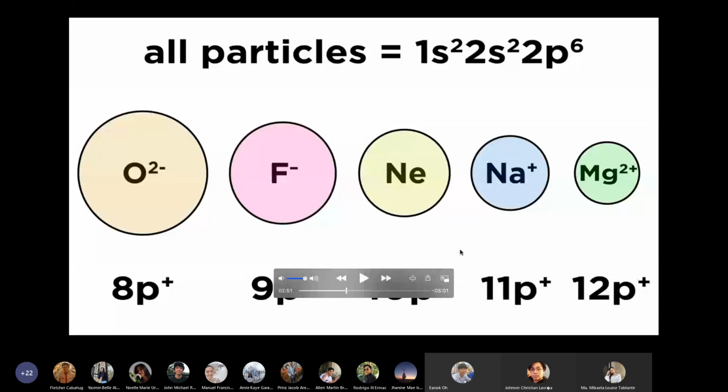So the more protons you have, the more attracted the electron cloud will be, especially if it's an ion. So for an isoelectronic series, the trend is decreasing if you have an increasing atomic number. All right. Question?